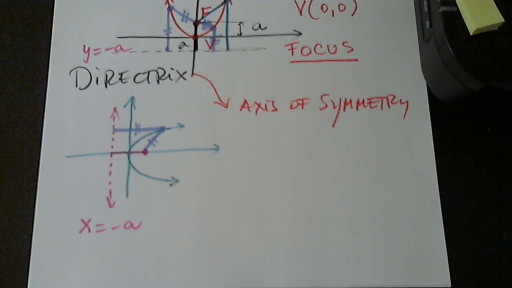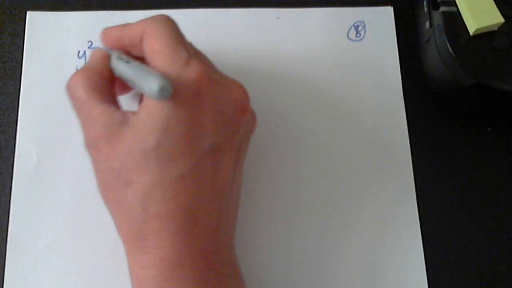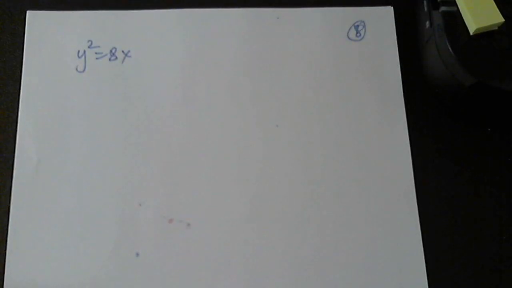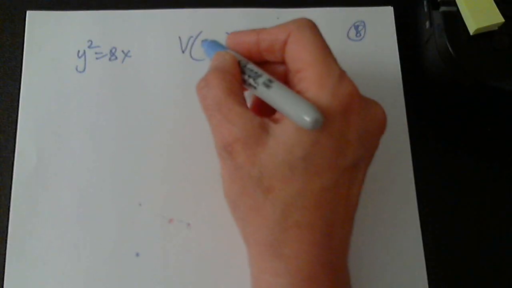If you'd like to pick other examples from the book, I can open the book. Okay, let me move on to page 8. So let's start with y squared equals 8x. We want to find the vertex. It has to be (0, 0).